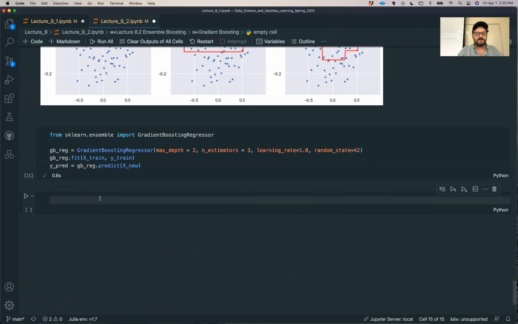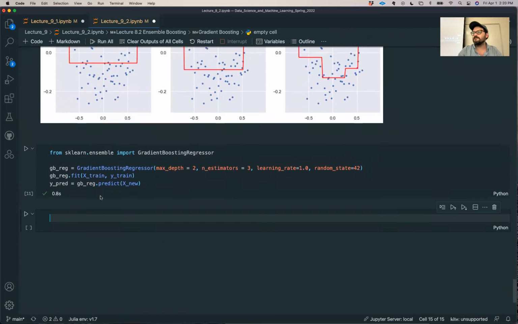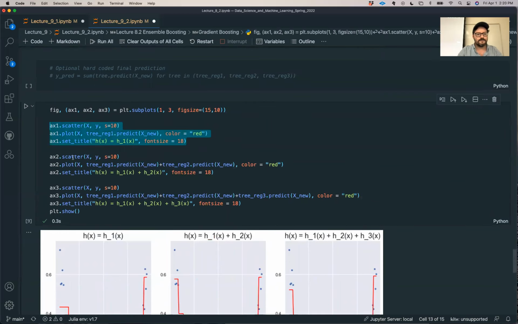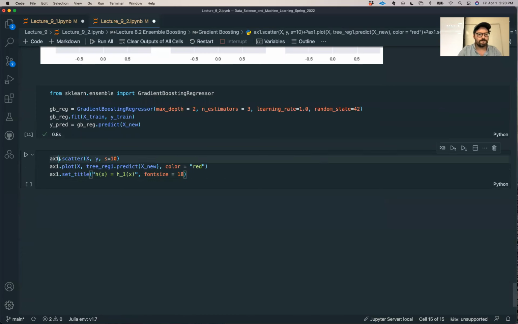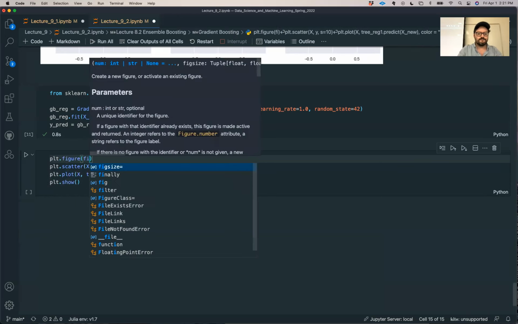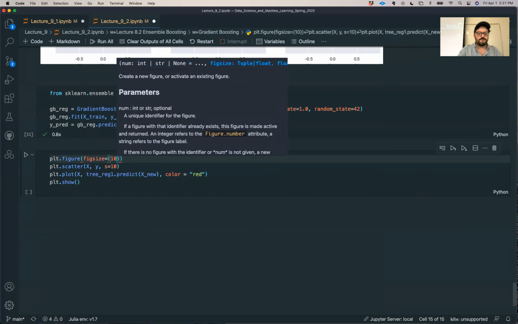So then if I wanted to look at the plot like this, it's the exact same thing. So maybe let's copy this and do a quick one. plt.scatter, plt.plot, plt.show, and then it's going to be all small, so I need to fix that. plt.figure figsize equals 10 by 8 or something.